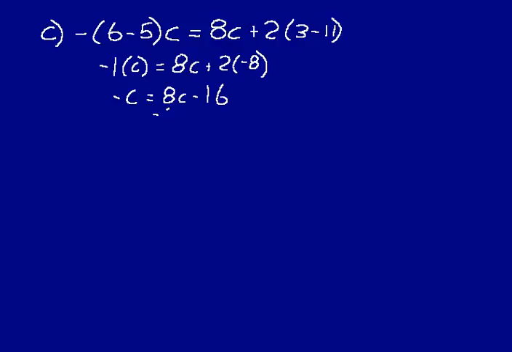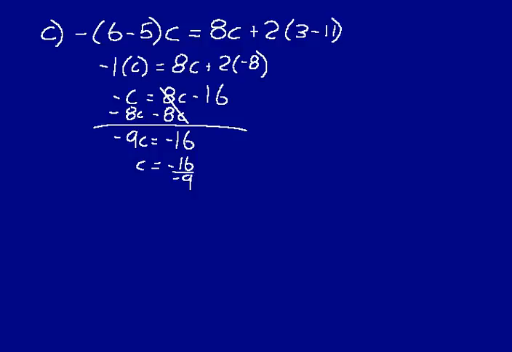Now I can subtract 8c from both sides to get the c's just on one side, and I'd have -9c is equal to -16. And then divide both sides by -9, and I end up with c is equal to -16 over -9.